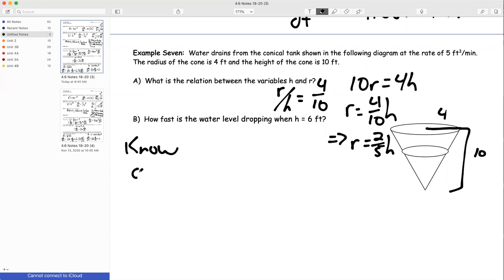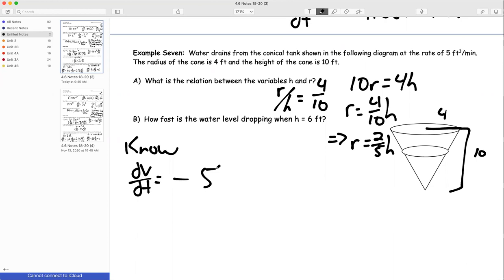So I know dV/dt. If the water is draining, then the volume of the cone is obviously decreasing, okay, because the water is going out. So dV/dt is going to be -5 in this instance.